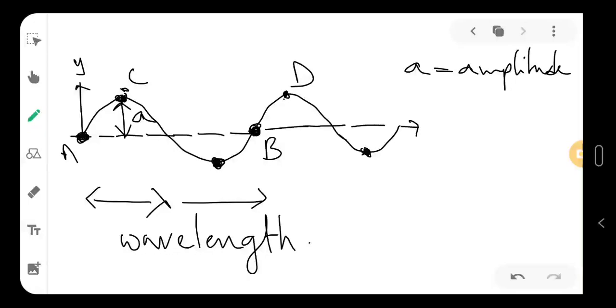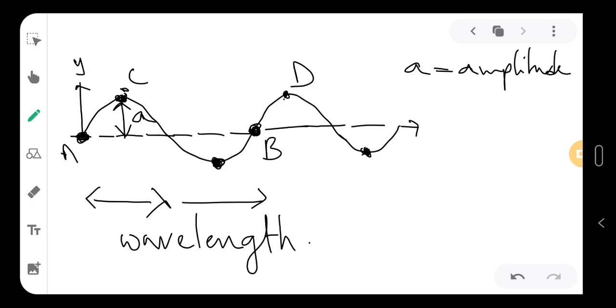The first particle at A completes a full oscillation, and by that time particle B starts oscillating. So after the full oscillation of particle A, the energy is transmitted from point A to point B. This is done in some time, and that time duration is called the time period.